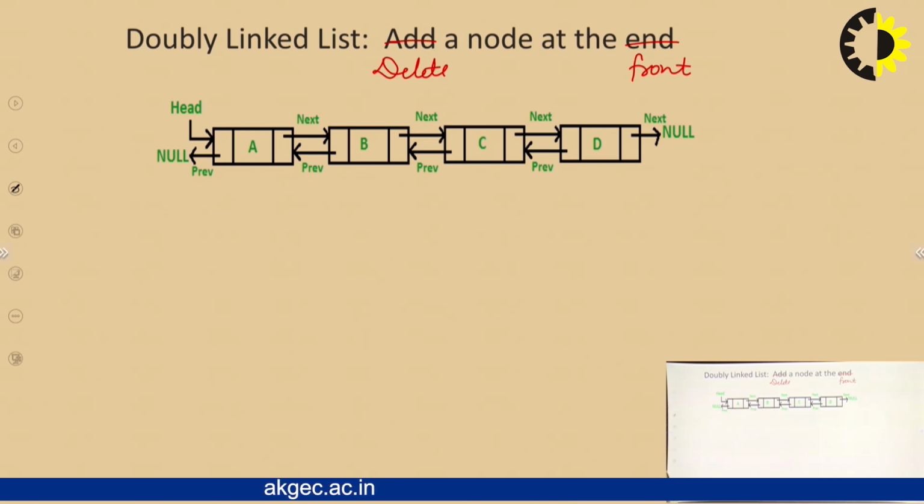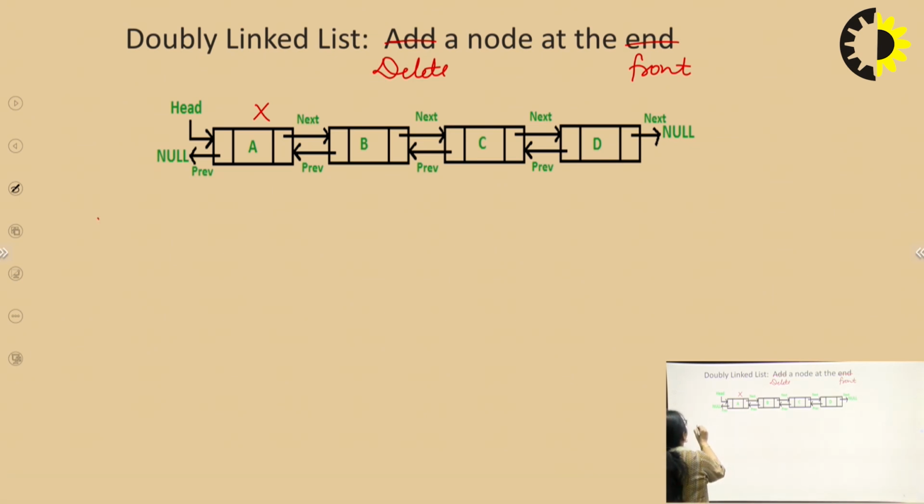When I say I'm deleting from front, it means I have to delete this one. So now let me take the delete front function.